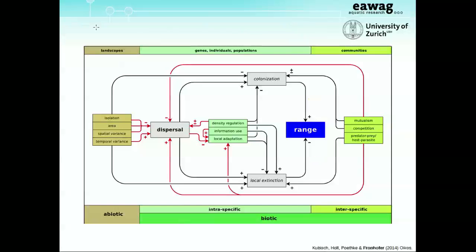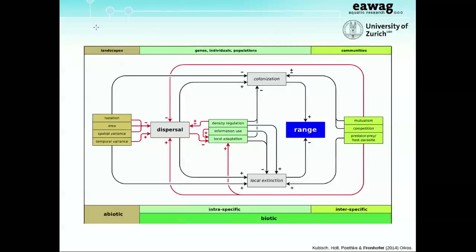And those are just some of the most important boxes, and you don't need to read all of them. Just on the left side, you find what has basically been studied in metapopulation ecology, so patch area, patch isolation. In the center, some aspects that have been studied by population ecologists, such as density regulation. And on the very right side, factors such as species interactions that are more at home in community ecology.